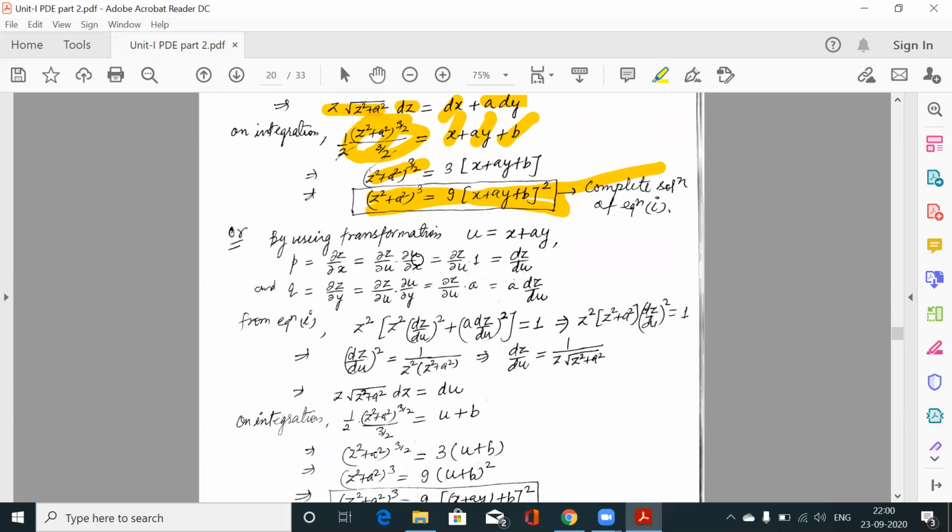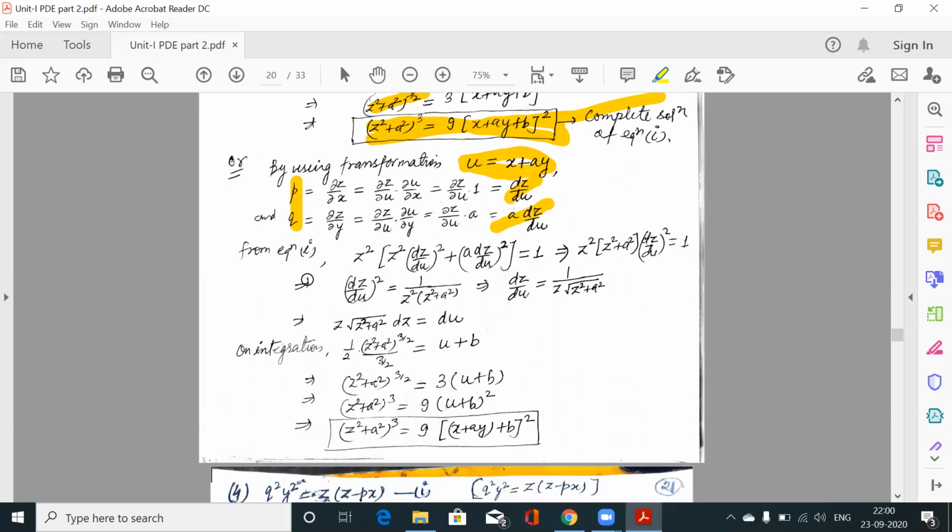Again, I have used another possibility by using the transformation u is equal to x plus ay, so getting p as dz over du and q as a dz over du. Substitute these p and q values in the given equation. Now you get one ordinary differential equation, dz over du whole square is equal to something. Taking the square root, we get this. Again, the separation method will help you. These are z terms, keep them on that side, and du on this side.